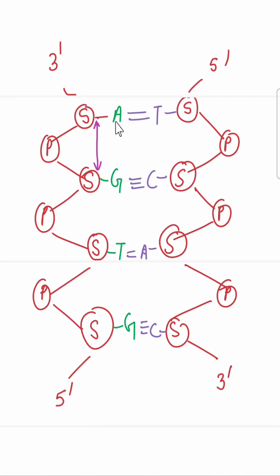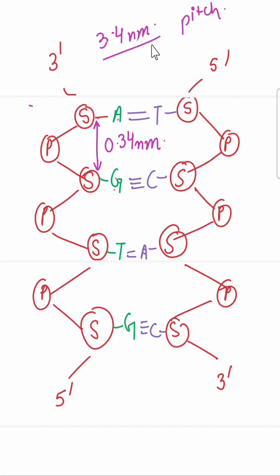So now the distance between two bases, this is the first base, this is the second base. The distance between two bases is 0.34 nanometer and the total pitch of the DNA is 3.4 nanometer. The distance between two consecutive base pairs is 0.34 nanometer, whereas the pitch of DNA is 3.4 nanometer, and each pitch in the human B type of DNA contains 10 base pairs.